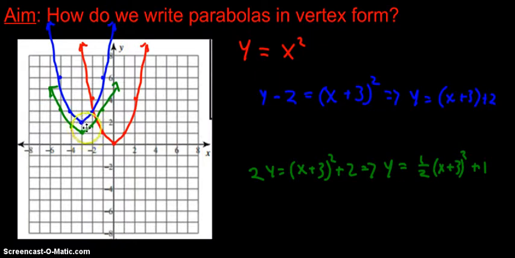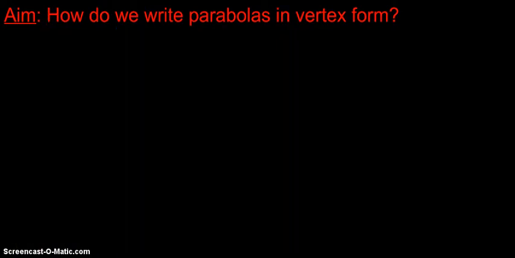So the vertex which was at 2 will shift to 1. This point here that was at 3 will shift to 1.5, and so on. So that's how vertex form is directly connected to transformations.